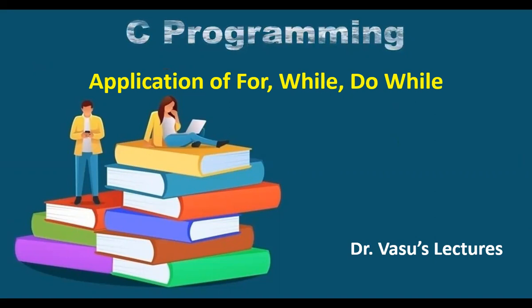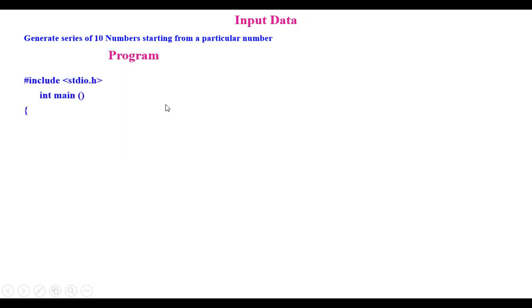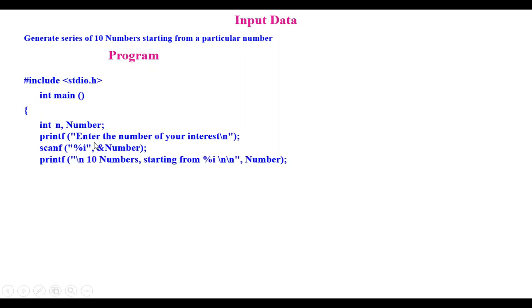Now let's jump into the topic. Suppose you want to see the input data here: generate a series of 10 numbers starting from a particular number. In the previous videos we had given some fixed number, but here the input data is given by the user.